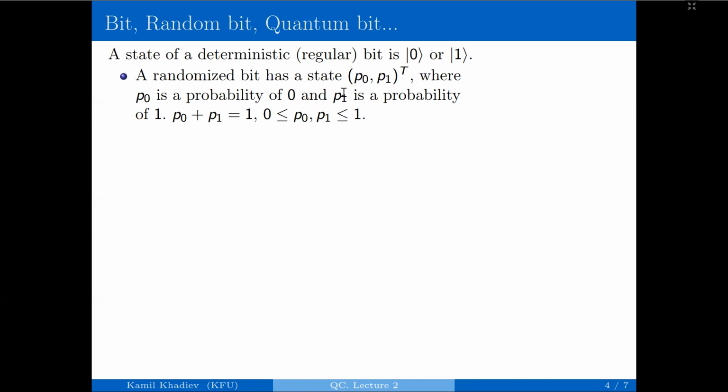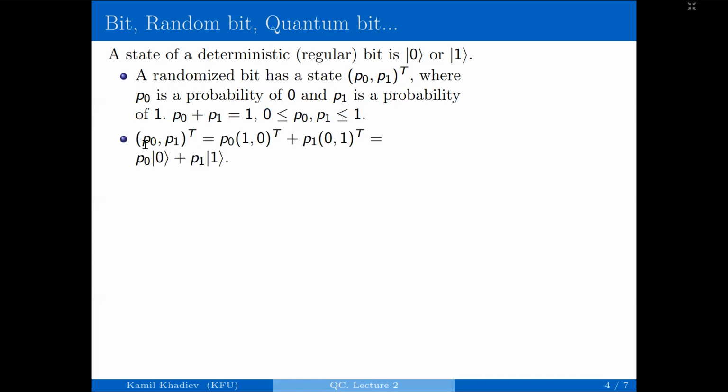On each step of the algorithm, you have this probability distribution for the two values, 0 and 1. We know that the sum of probabilities is 1 and each probability is from 0 to 1.